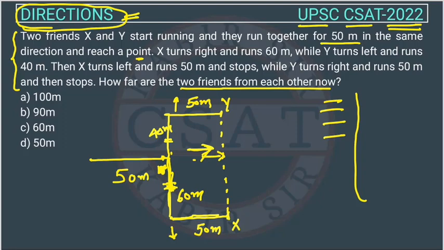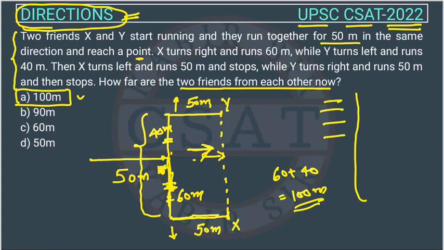So this distance is 60 plus 40, which is equal to 100. So they are 100 meters away from each other. So option A is the answer, right? See, this is a very easy question. You just have to keep track of right and left properly, then you will get the correct answer.